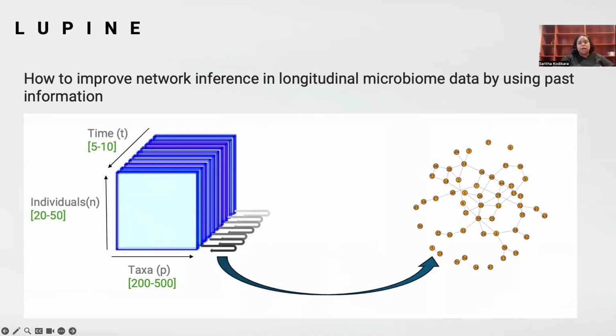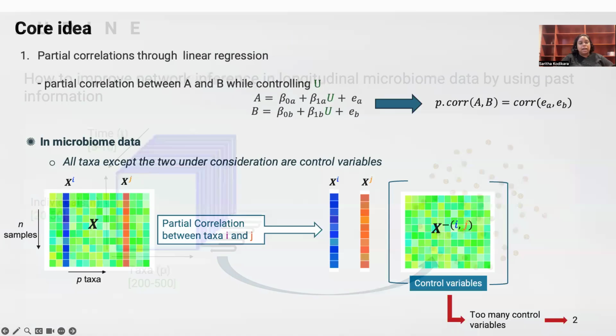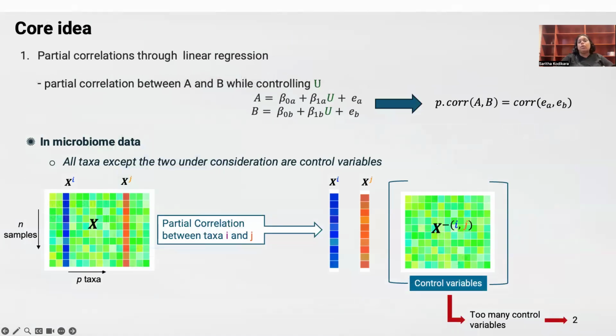So I developed LUPINE, which is a very simple idea. The first thing is that I wanted to go in the direction of partial correlation. Let's say we have two taxa, A and B, and you want to find the partial correlation between A and B, given another taxon called U. The easiest way to get this partial correlation is to use linear regression.